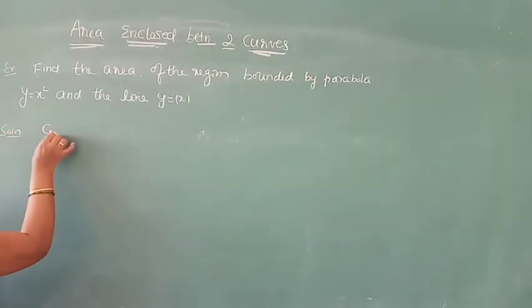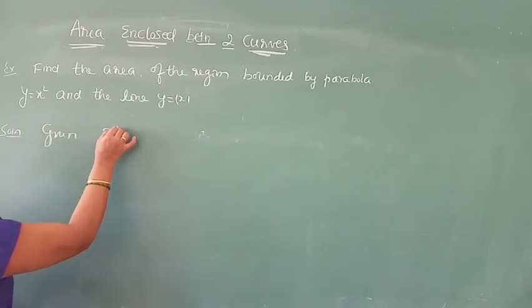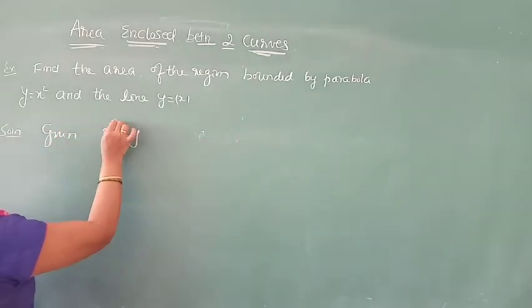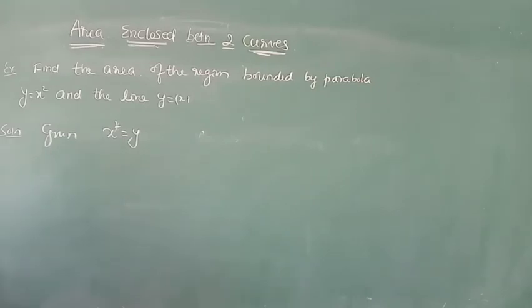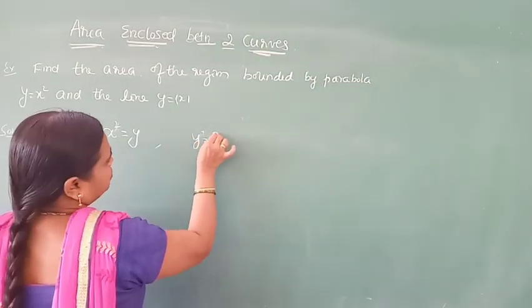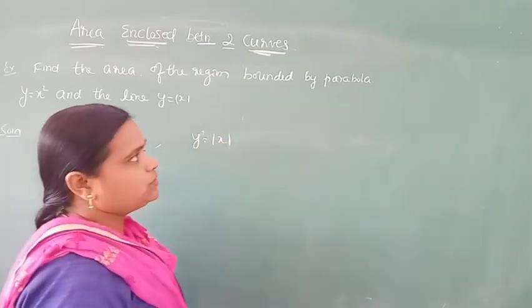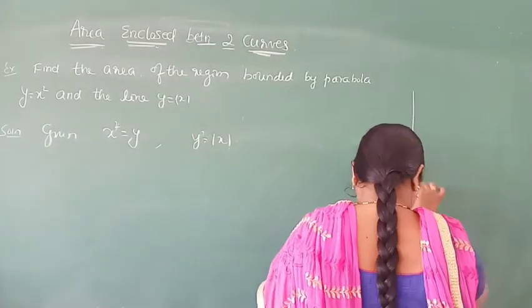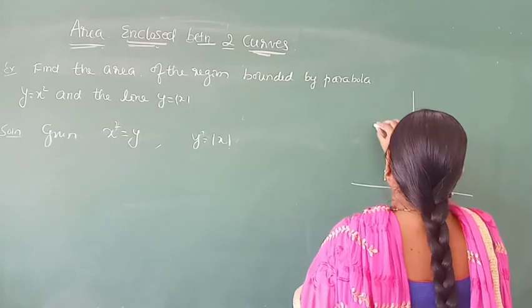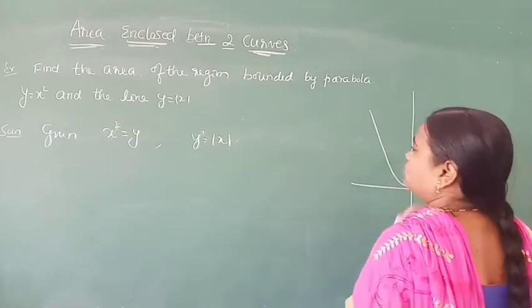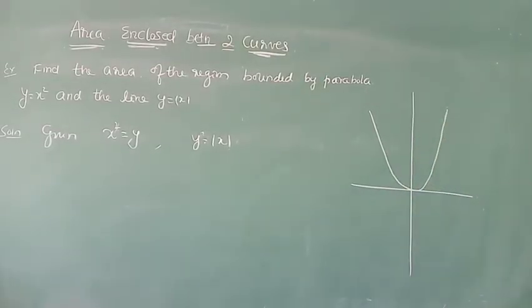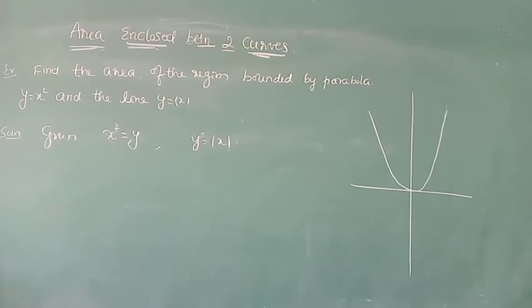Given x² = y, and the line y = |x|. We know that x² = y means the curve opens in the upward direction.